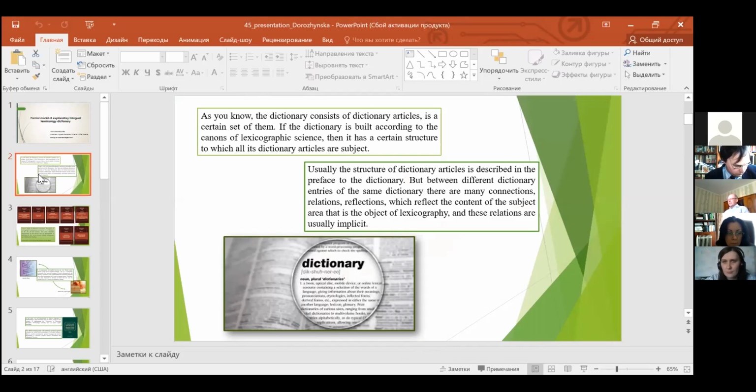Usually, the structure of dictionary articles is described in the preface to the dictionary, but between different dictionary entries of the same dictionary there are many connections and relations, which reflect the content of the subject, the object of lexicography, and these relations are usually implicit.